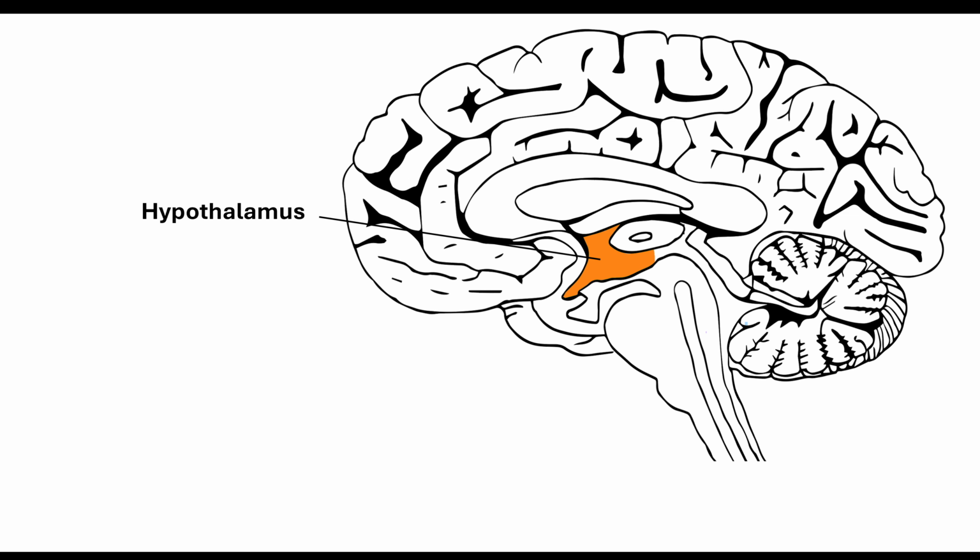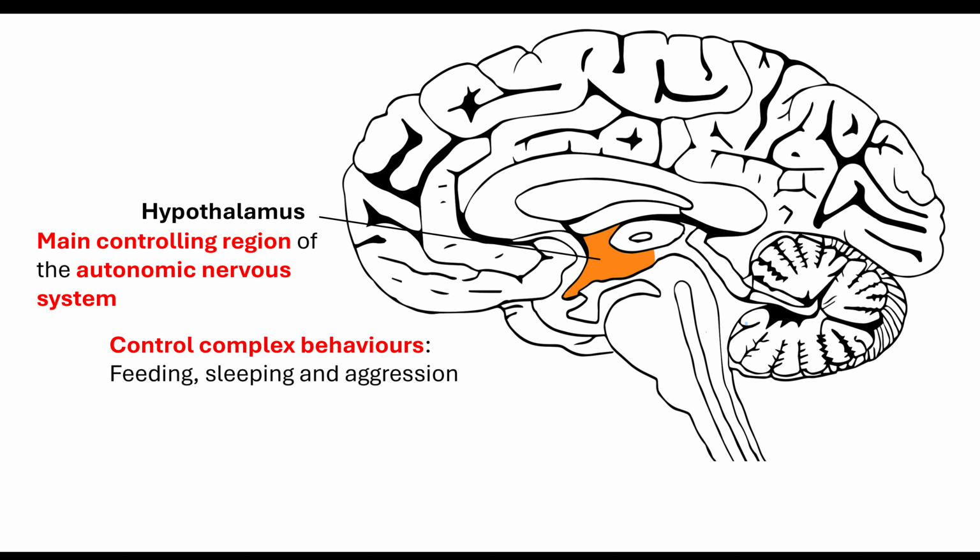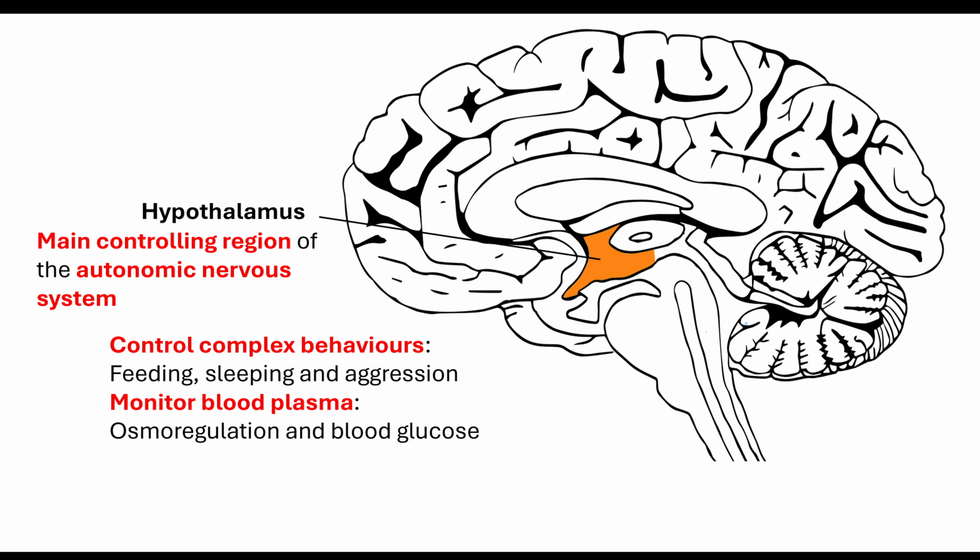Then we look at our hypothalamus. Our hypothalamus is our main controlling region of the autonomic nervous system. It controls lots of different things which are subconscious control, involuntary. So things like our complex behaviors, our feeding, our sleeping, aggression, monitoring our blood plasma, osmoregulation, what is the water balance, what are the blood sugar levels.